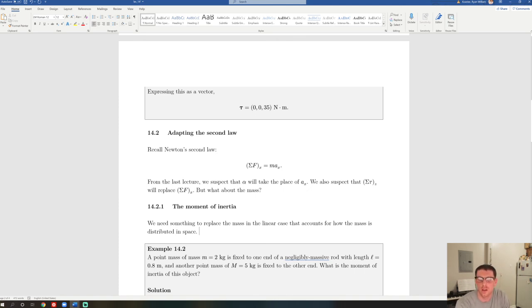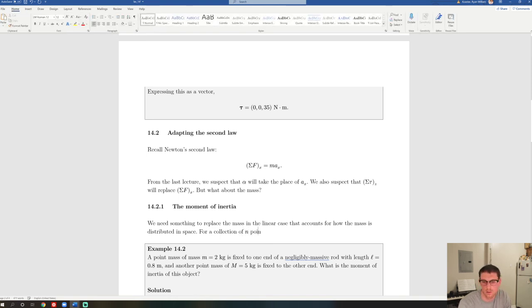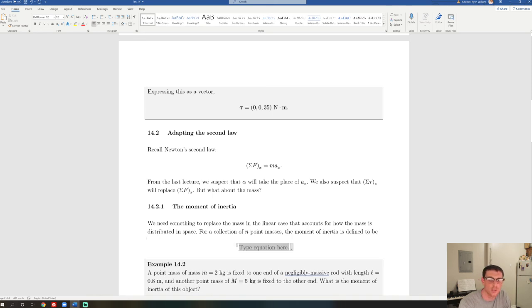And so I'm just going to jump right into defining the moment of inertia for a collection of point masses. So let me say, for a collection of n point masses, the moment of inertia is defined to be, and we're going to do this as a sum.